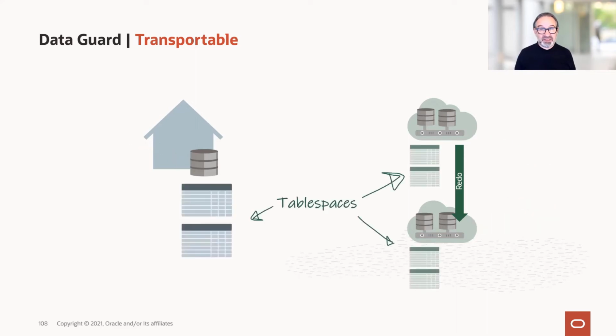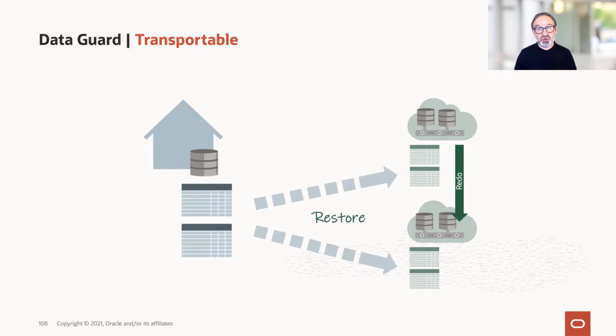So my tablespaces, I have all of them here. What do I do? I restore my data tablespaces to the CDB side, and I restore them also to the standby side. So it goes primary and standby.